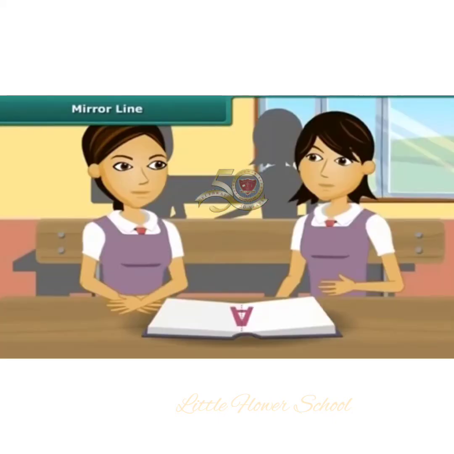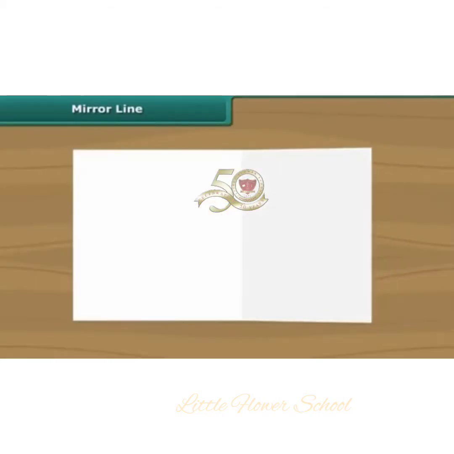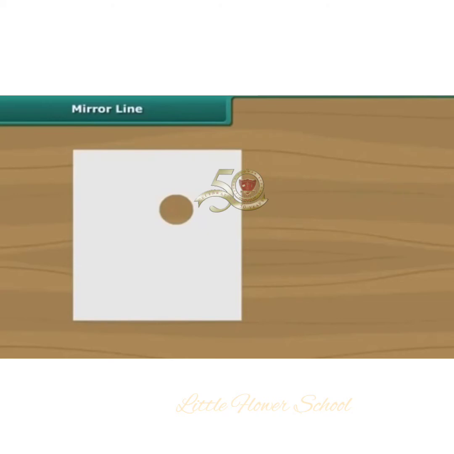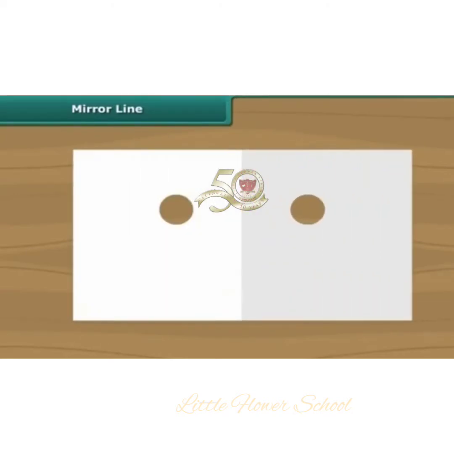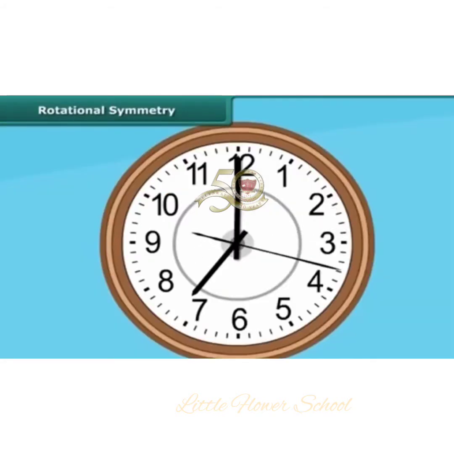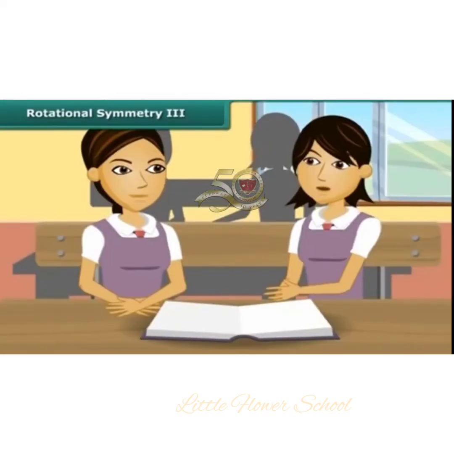Let's play a game now. Which game? Punching game. In this game, we will fold these papers and punch a hole. This is so simple. Now open these papers. We can see two holes which are symmetric. The fold is a line of symmetry. Now look at this clock. It's going round and round. This means it is rotating. The hands of the clock rotate in a clockwise rotation. Tell the shapes around us which have rotational symmetry.